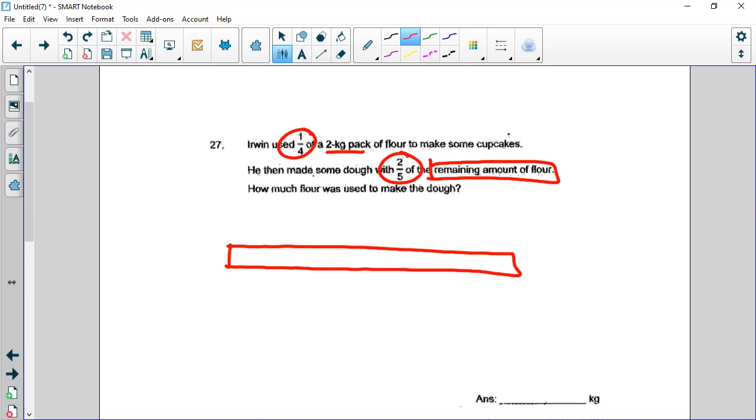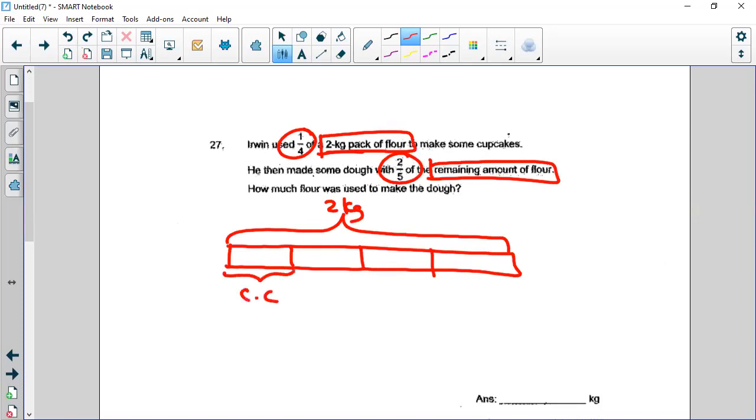You draw a rectangle cut into 4 boxes because the fraction is talking about the flour, which is 2 kg. And he used 1/4, label cupcakes. You also must label the last 3 boxes. Every part of the model you got to label. So this is your remainder, or the remaining flour.